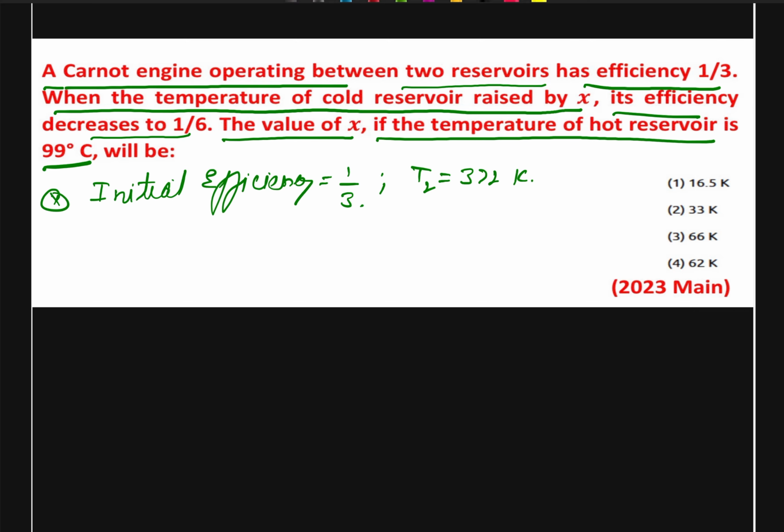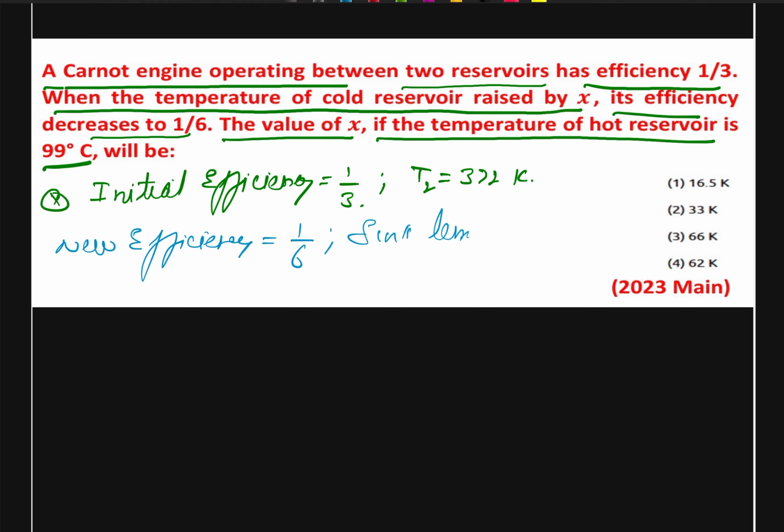And our final efficiency, or let's call this new efficiency, is 1/6, and it says that the temperature of the cold reservoir, the sink, is raised by x.